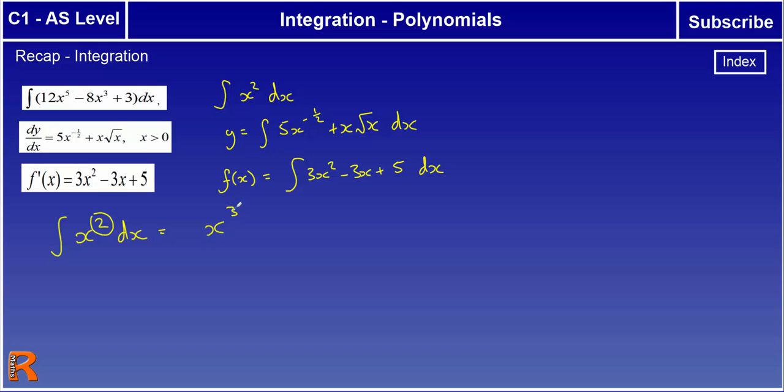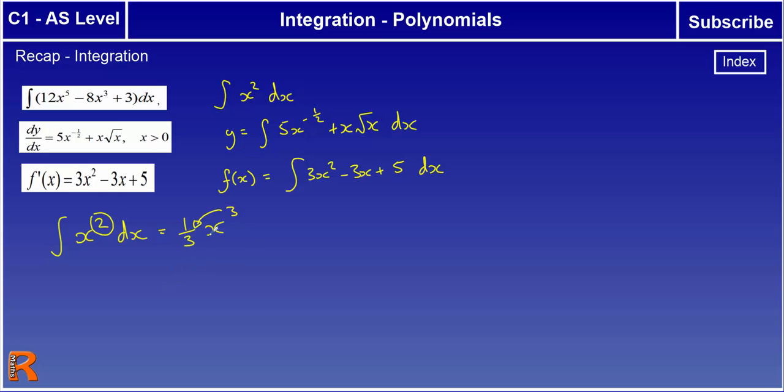When you differentiate, you take this power and it comes down to here, and then this decreases by 1 to get the x squared. But if this number comes down to here, we'll have 3x squared when we differentiate. So we need 1x squared here, because it's just x squared on its own. So what we need to do is divide by this number, this 3. So the easiest way to do that is to make this 1/3 of x cubed.